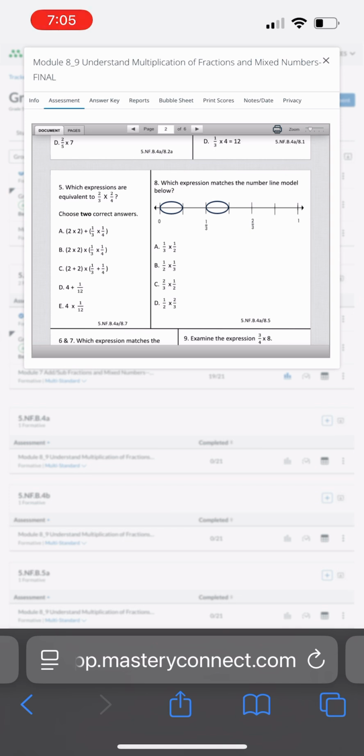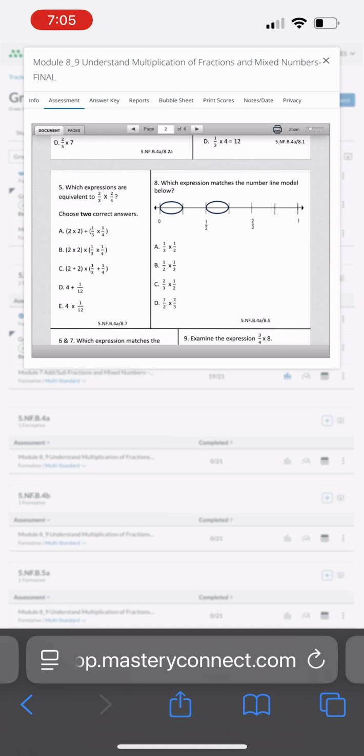Number 5. Which expressions are equivalent to 2/3 times 2/4? Choose 2 correct answers. A, 2 times 2 plus 1/3 times 1/4.